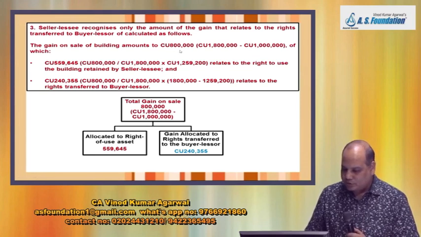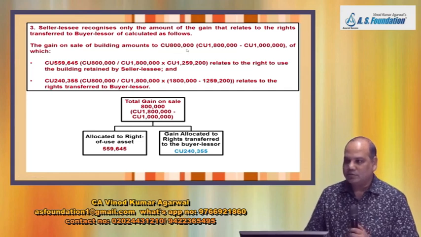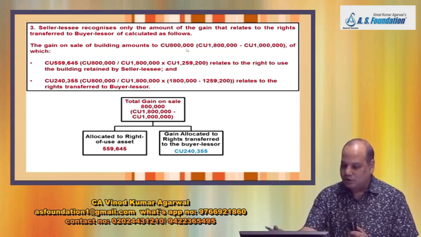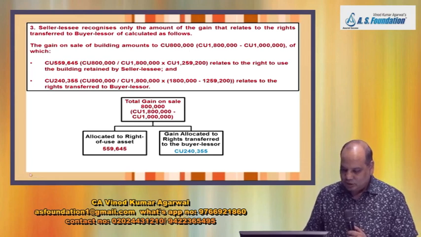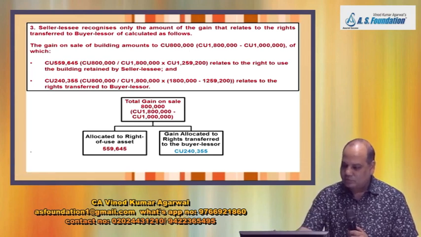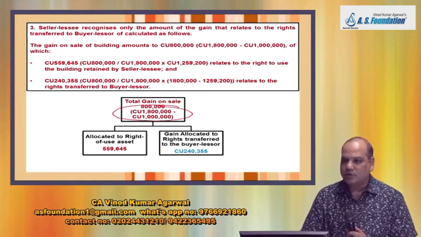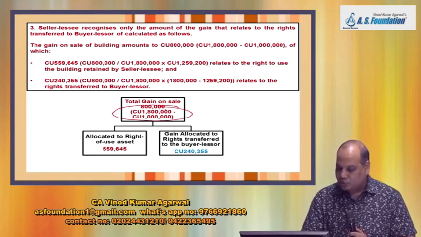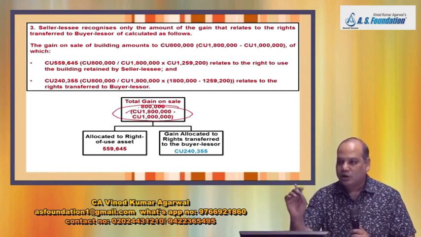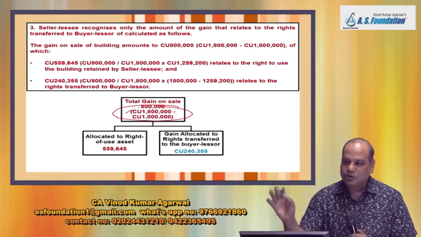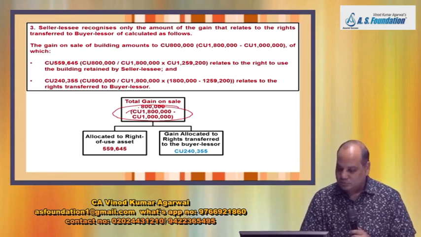Proportionately. See, total gain on the sale of the building is 8 lakh. How did you reach this 8 lakh? You can understand from this diagram for easy understanding. We have sold the asset at a fair value of 18 lakh. We will not take 20 lakh; the extra 2 lakh you just treat as an additional loan.